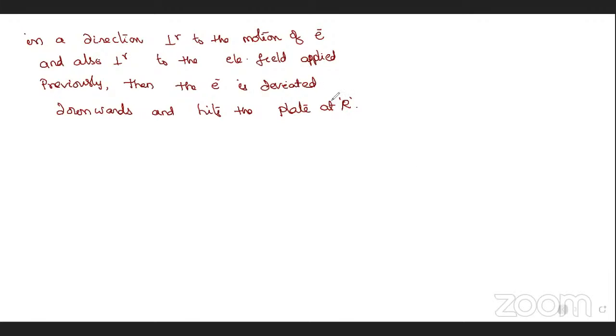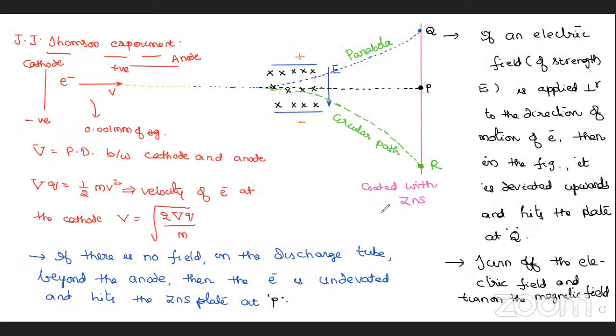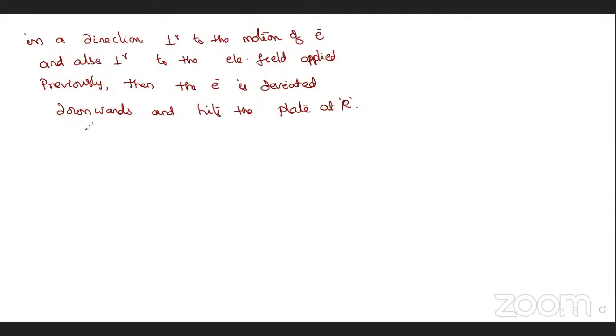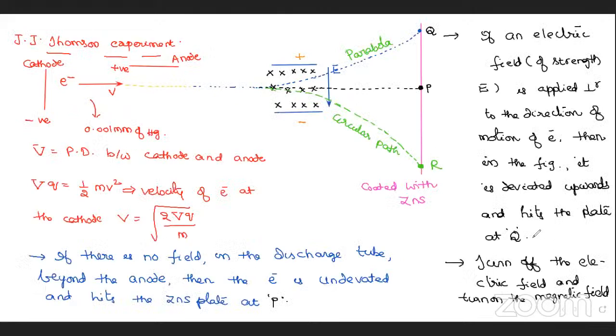Then here again, go back to the physics. When you apply the magnetic field, it is following a circular path, means what is the force in the circular path? QVB, in the magnetic field, very good. In electric field, the force is EQ, and there I am going to take QVB.